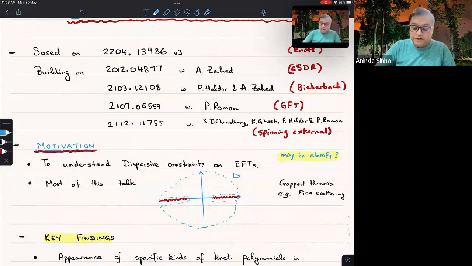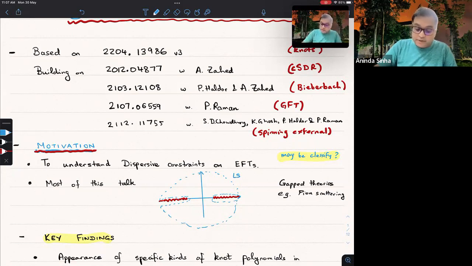Our claim was that the two-sided bounds that we get on the Wilson coefficients are nothing but a restatement of the Bieberbach conjecture. Then we wrote a paper with Prashant Raman, who is a postdoc at IISc, which I believe gets the right ingredients, and which is based on geometric function theory. I will briefly mention some of these things, as much as I will need.